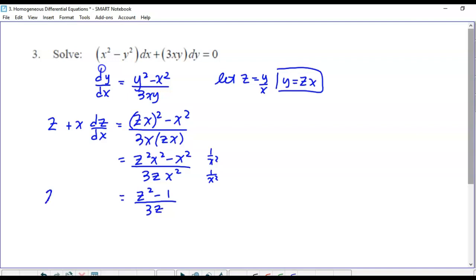Okay, and then we have z plus x dz dx. So now let's collect z's. Bring the z term over. And that, with a denominator of 3z, is going to be minus 3z squared over 3z.